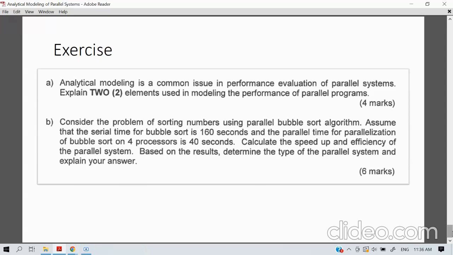Then you get the answer. Okay, has anyone calculated? What is our speed up?